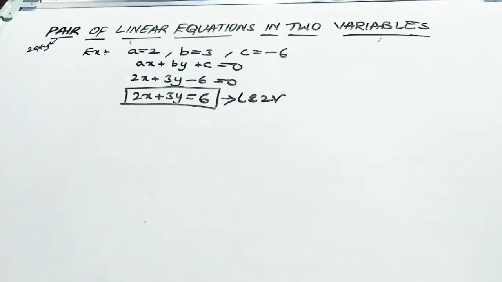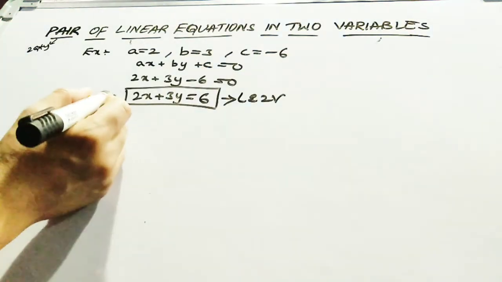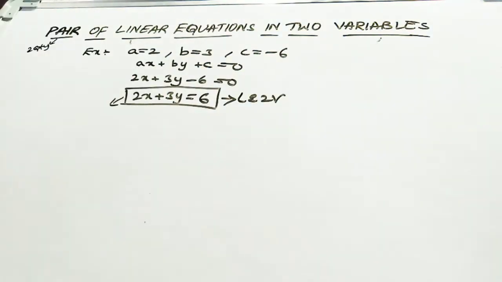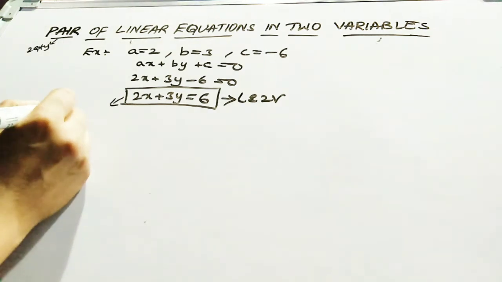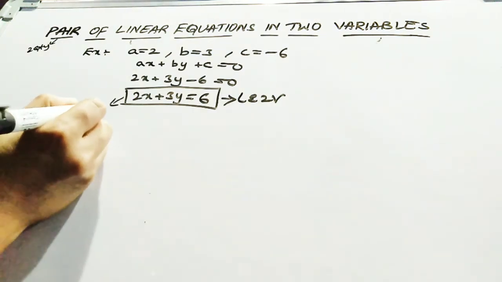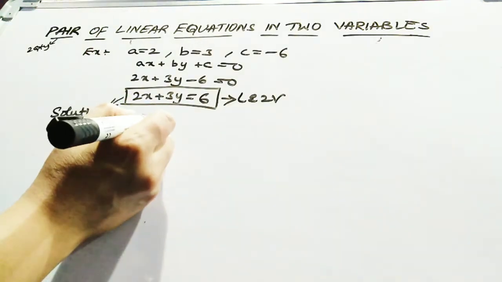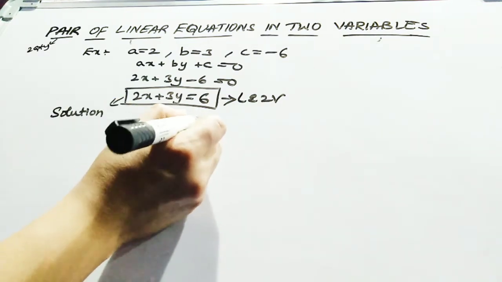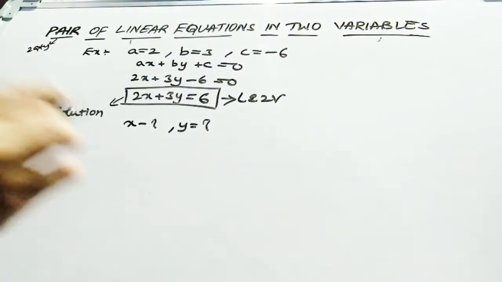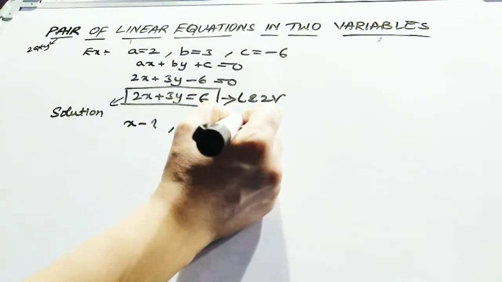So, how many solutions will you get for 2x plus 3y equals 6? You can take x equal to 0, x equal to 1. What do you mean by solution? It means the value of x and the value of y satisfy your equation.